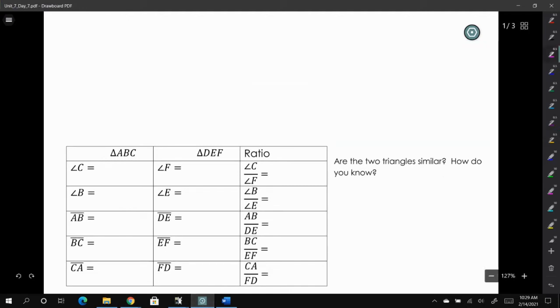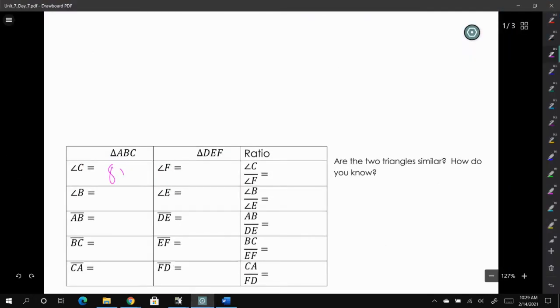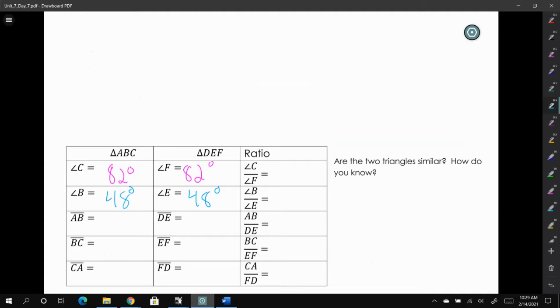Angle C and angle F were both 82 degrees. Angle B and angle E were both 48 degrees. Lengths AB and DE, we constructed to be those lengths, so 4 and 6 units long.